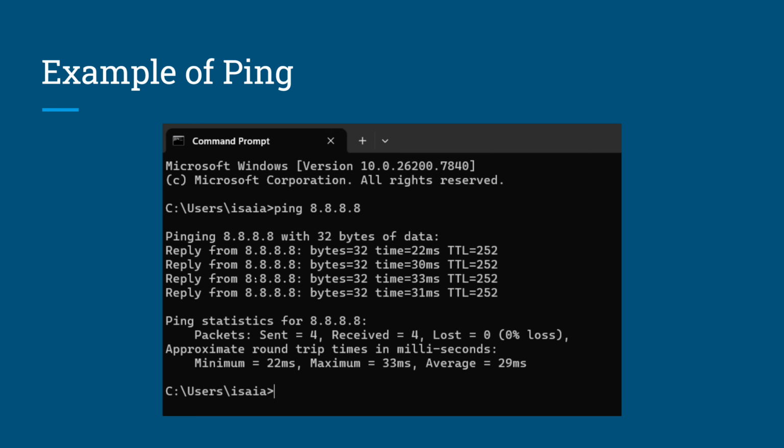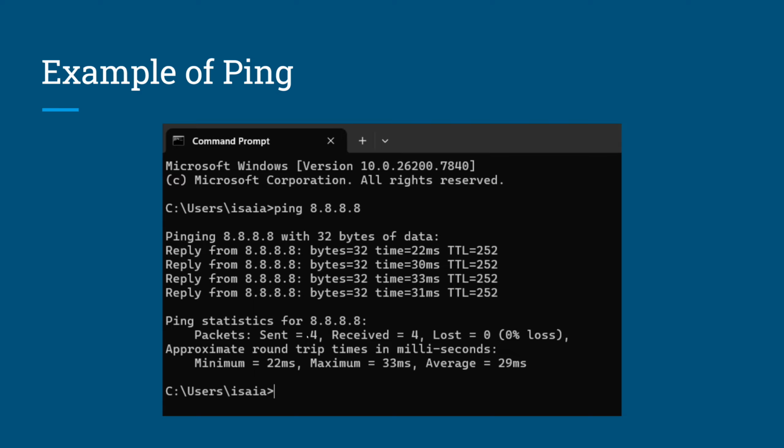So here's an example of ping. I actually did this one on my own computer. I spelled my name wrong in this, but looks like we're pinging 8.8.8.8, which is a common thing that many people ping. So we could see that we got 4 replies from 8.8.8.8 made of 32 bytes. The time was 22 milliseconds, which is pretty quick, and a time to live of 252.